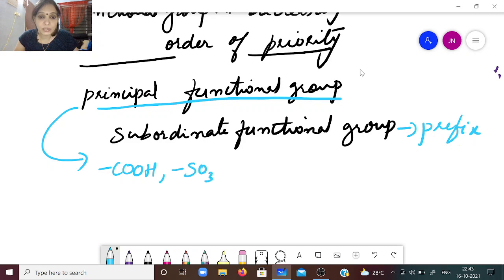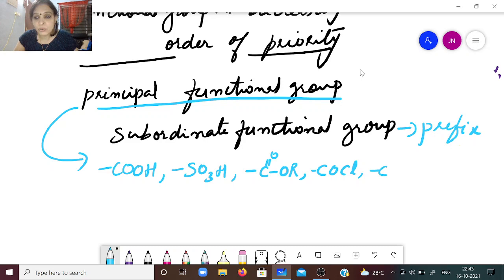Then SO3H, sulfonic acid. After sulfonic acid is C double bond O R, that is ester. After that, COCl, acid chloride. For every functional group there should be a bond that shows it is attached to the main compound.